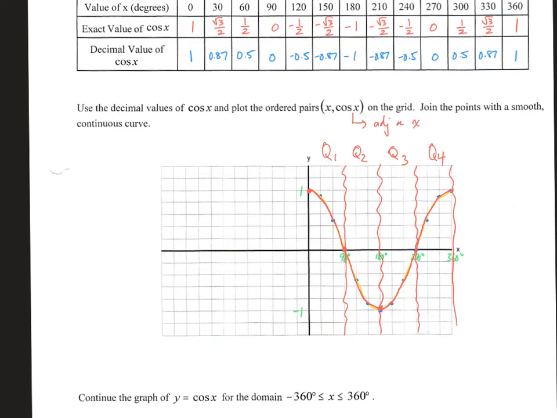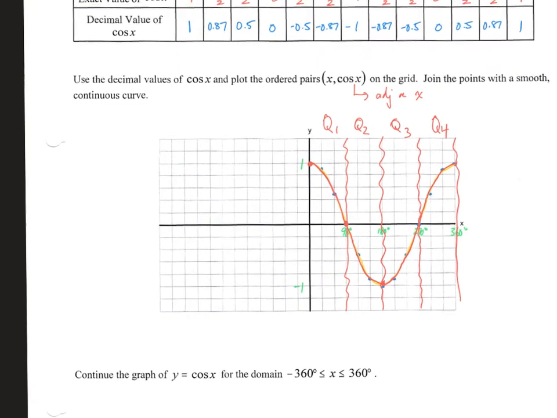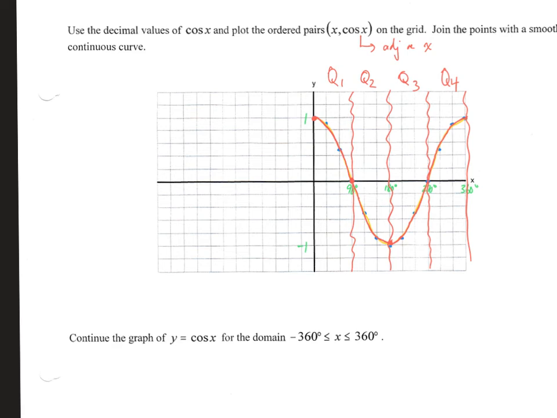So if I follow the instruction at the bottom of the page that says continue the graph back to negative 360, we should be able to pretty quickly say 90 degrees before 0, negative 90, I'm going to get back to 0. 90 degrees before that, I'm going to hit my bottom at negative 1. 90 degrees before that, I'm going to hit back at 0.